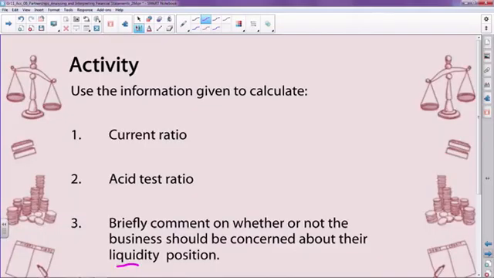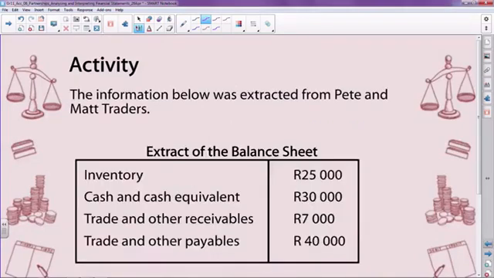So we all know with the current ratio, we are comparing current assets to current liabilities. If we go back to our information, inventory plus cash and cash equivalents plus trade and other receivables. In other words, if I add 25,000 plus 30,000 plus 7,000, that gives me my current assets.